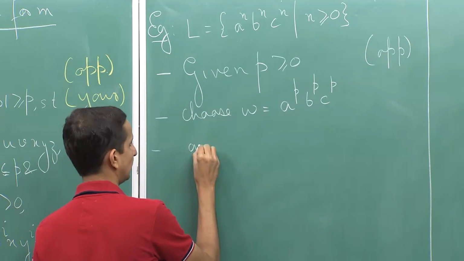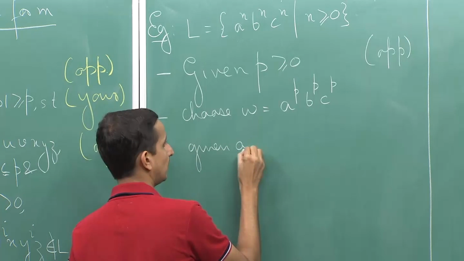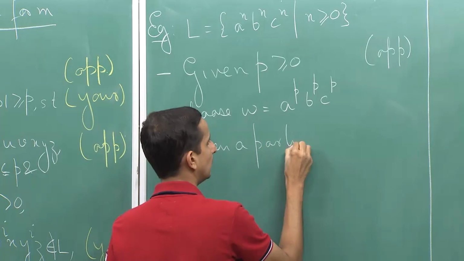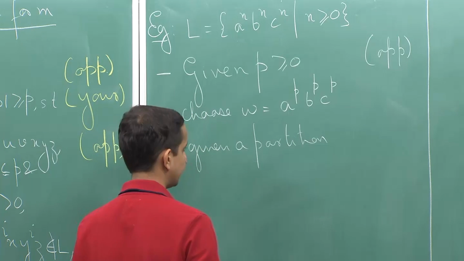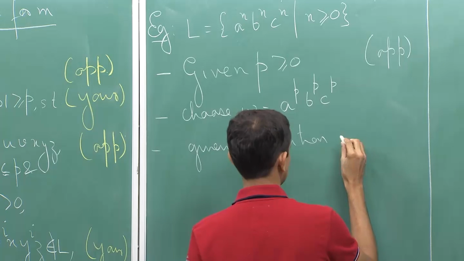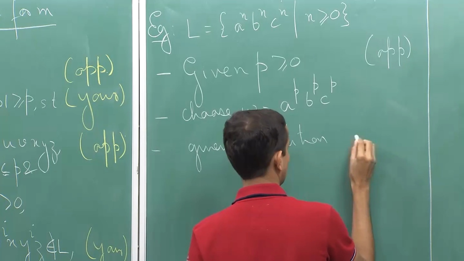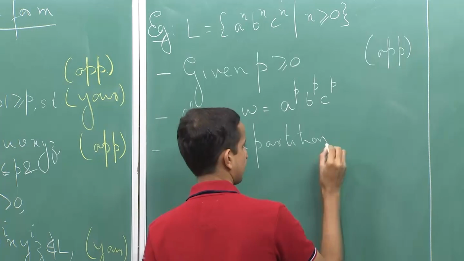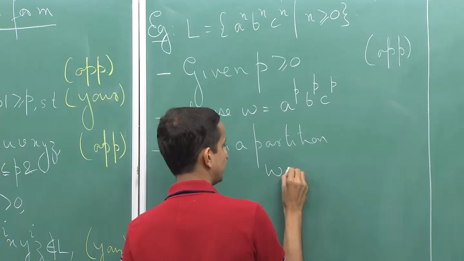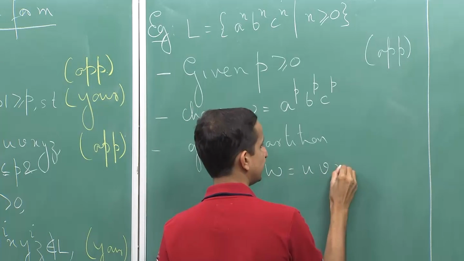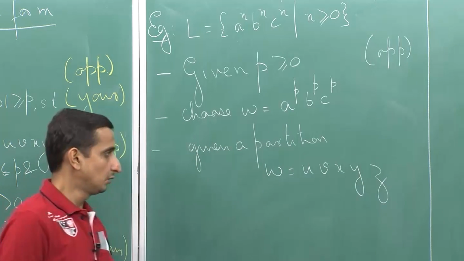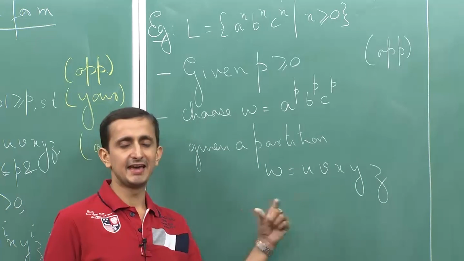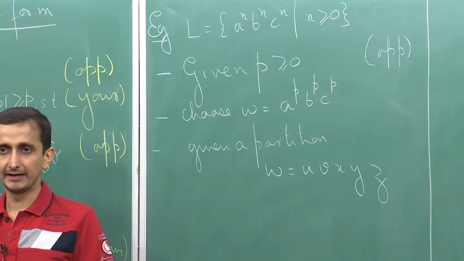Now, given a partition W equals U, V, X, Y, Z, what can I say about V, X, Y? What are the different cases that can arise?